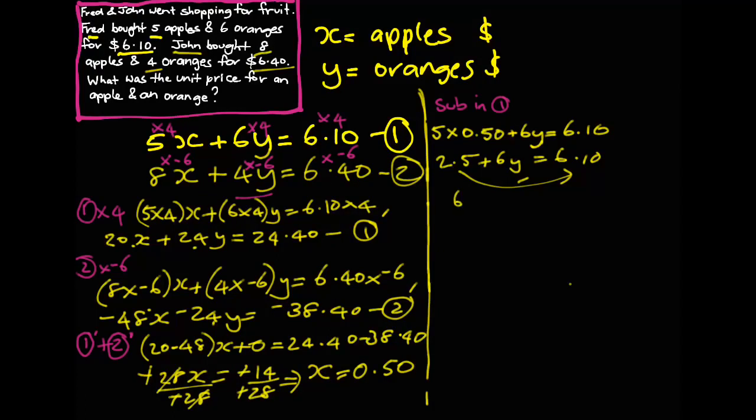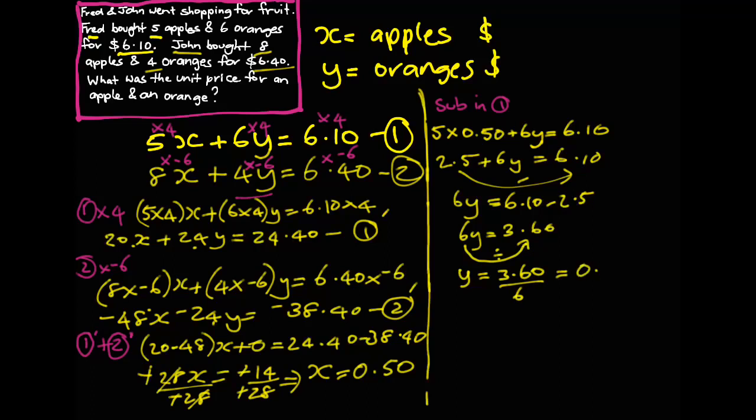So we're left with 6y equals 6.10 minus 2.5, which is 6y equals $3.60. And bringing the 6 across, it's a multiply, so it has to come across the equal sign as a divide. We're left with y equals $3.60 divided by 6, which equals 60 cents.